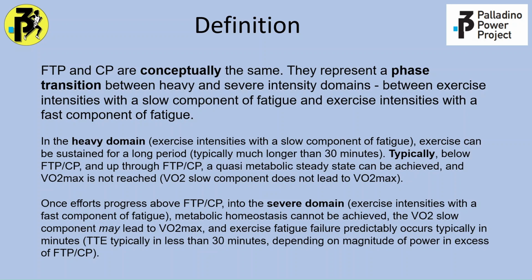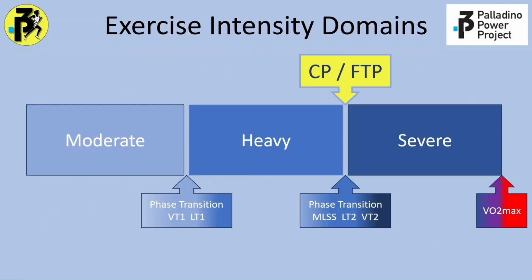And when you input the same exact data into those two models, one estimating FTP, one estimating CP, they come up with the same values, or essentially no significant difference in the study that I did. So again, they identify this phase transition between heavy and severe, and the only difference really is protocol, execution, and model dependent.